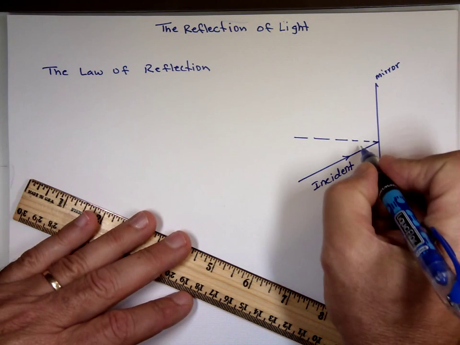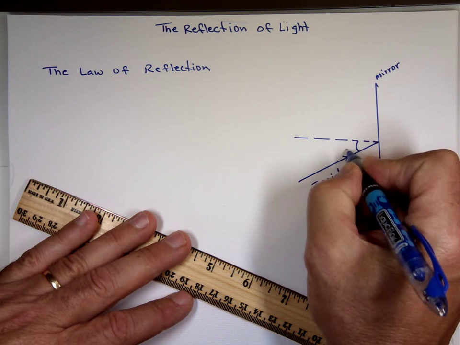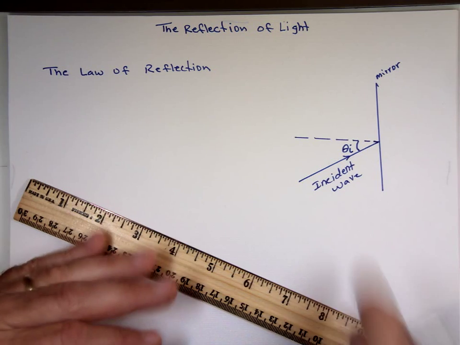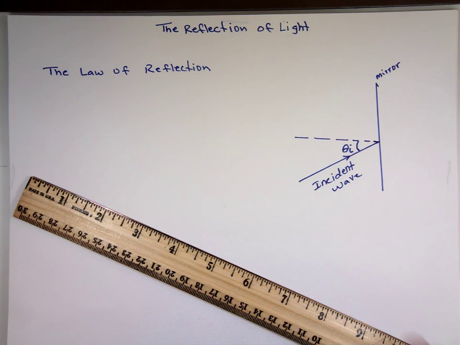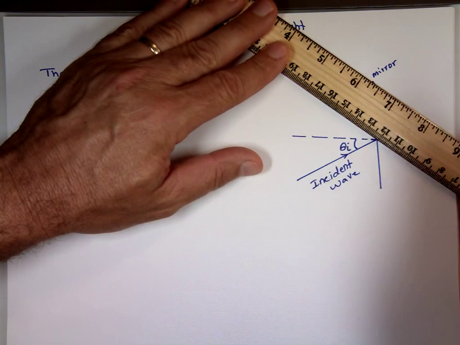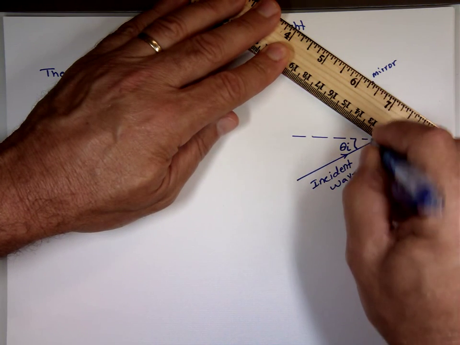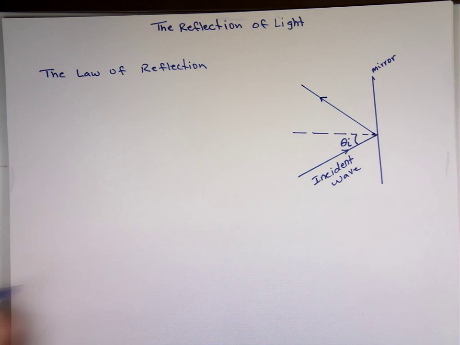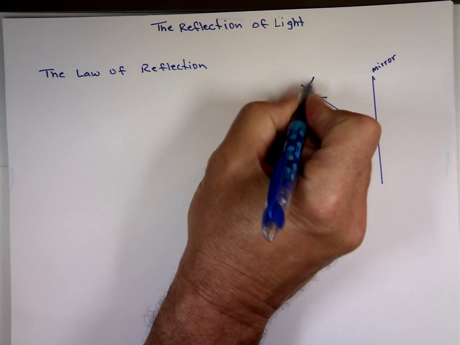Notice this angle going in, we'll call that theta I, the incident angle. The light, once it hits the mirror, is going to reflect off the mirror as a reflection ray. So this is the reflected ray.